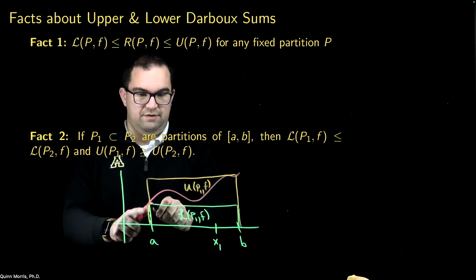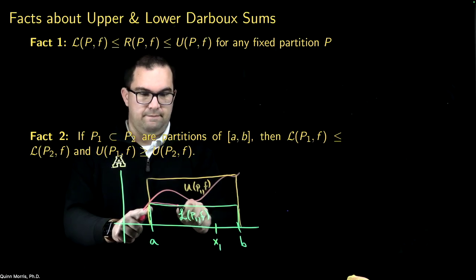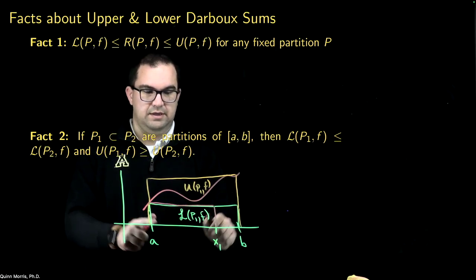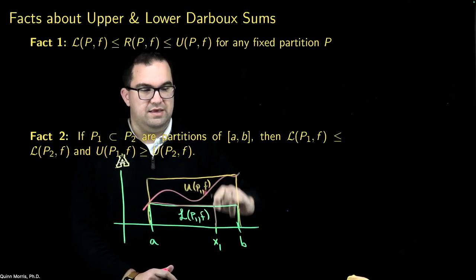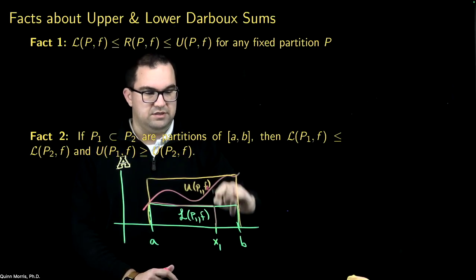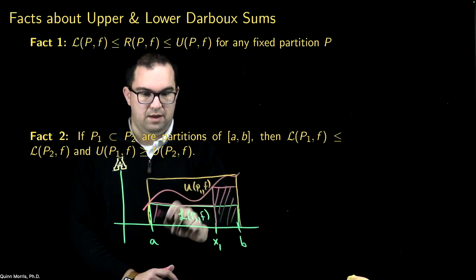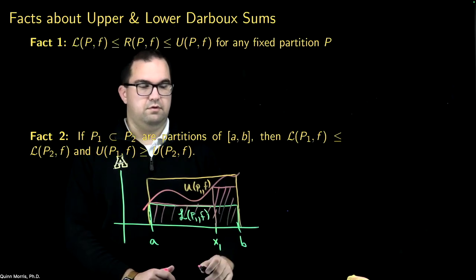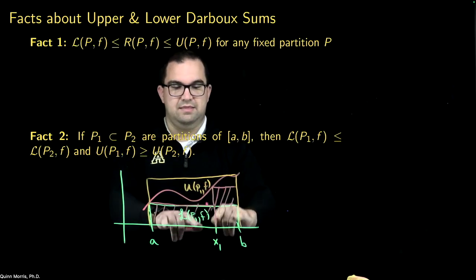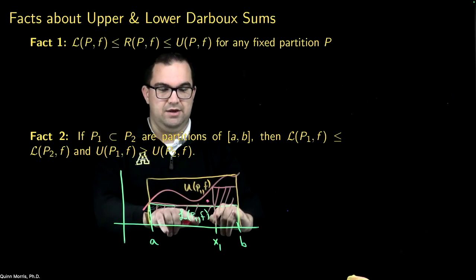That's still at the left endpoint. Then on this subinterval, I find the smallest value of my function, which is here. So my lower Darboux sum is this area in red.